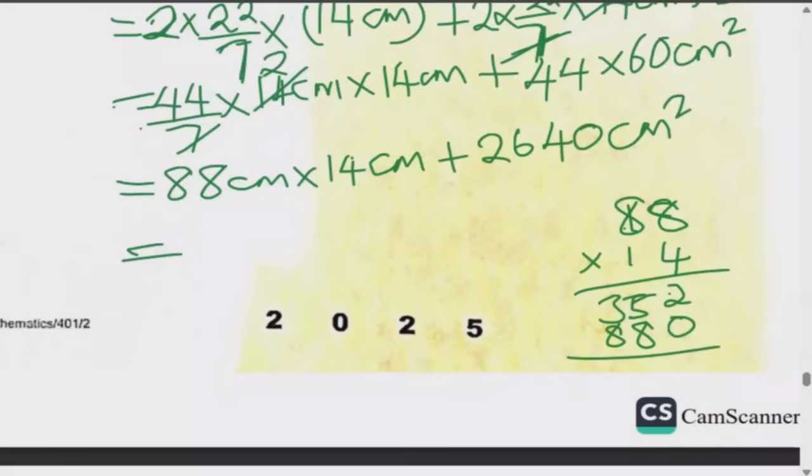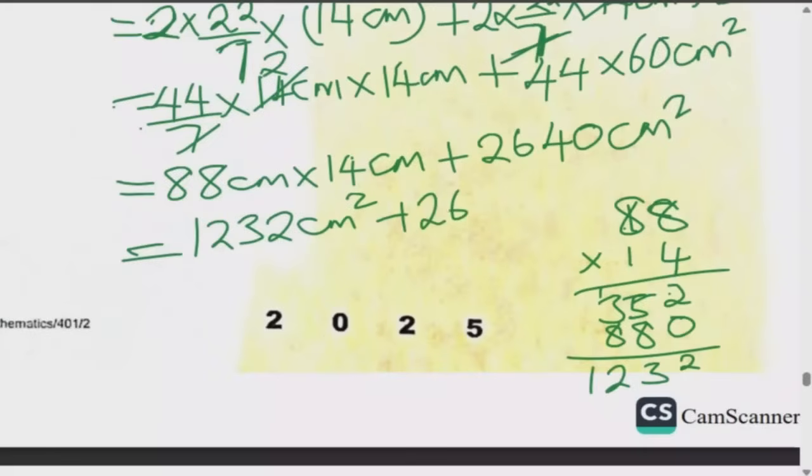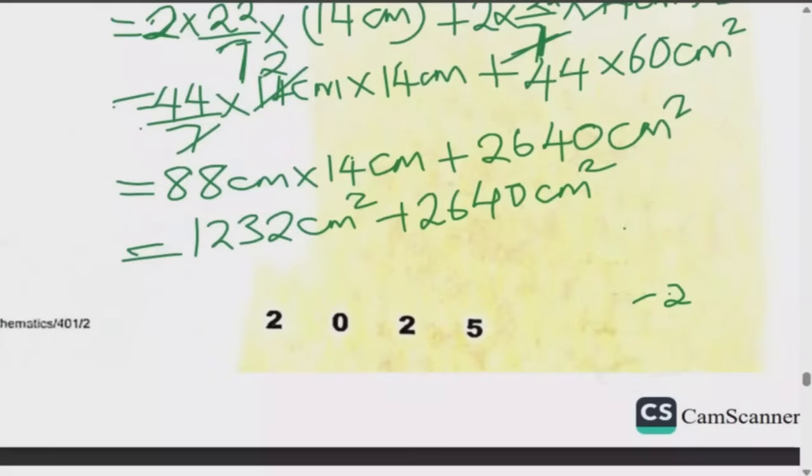Then we add that: we have 2, then 5 plus 8 will give me 13. So I'll write 3, carry 1. 1 plus 3 is 4. 4 plus 8 is 12. So that is 1,232 centimeter squared. Then plus this one, 2,640 centimeter squared. Before someone gets confused, these are not part of the expression there, so let me remove them. Now what do I do next?